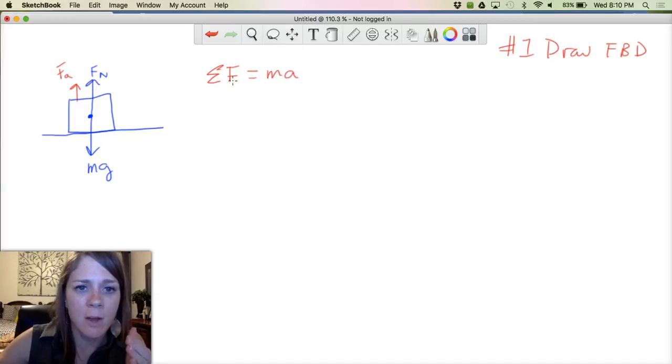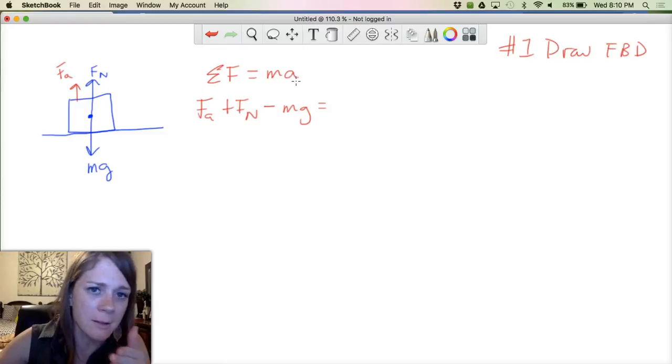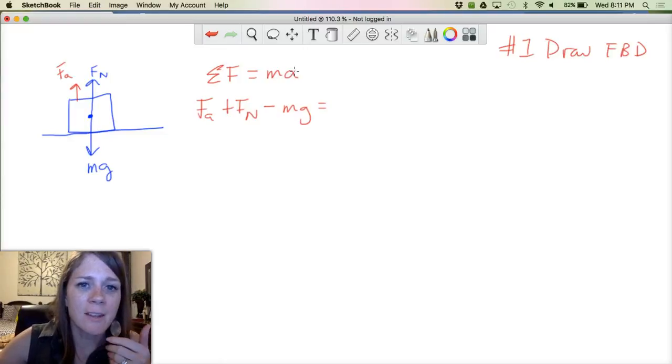So the summation equation, which is on the left side here, would look like this. The applied force plus the normal force minus the weight force, which is mg, would equal the mass times the acceleration of this system, or this box. But in this situation, the box is at rest on the surface, so that acceleration is actually 0.